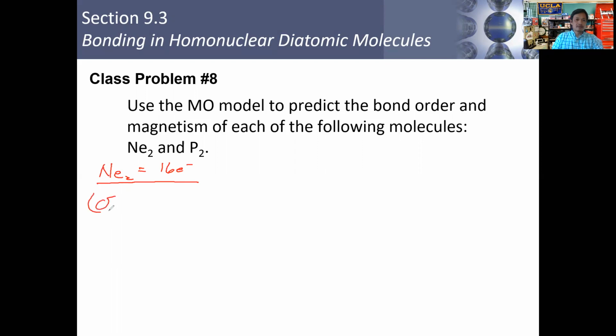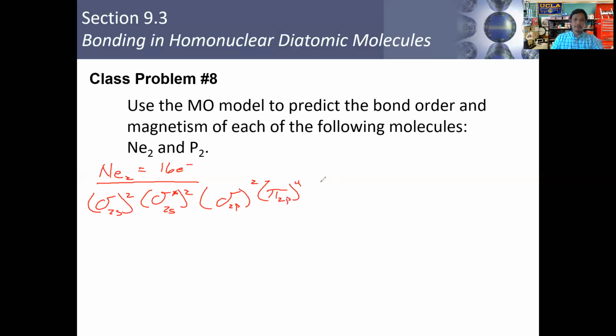It's going to be sigma 2s 2, sigma 2s star with 2. Next one in line is going to be a sigma 2p, and that's going to get 2. And then we're going to have pi 2p, which is going to get filled with 4.